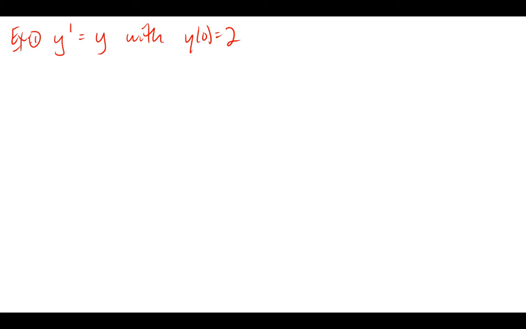I think we know from our previous solving capabilities that the solution to this is 2e to the t. So it's not going to be surprising if 5 minutes from now we end up with the solution 2e to the t. In fact, it's going to be disappointing if we don't.